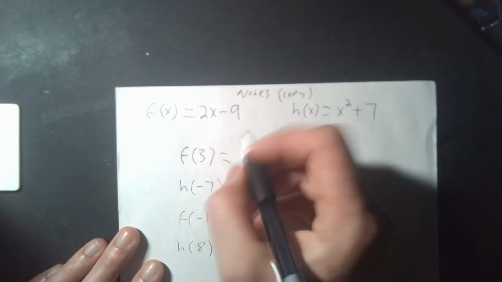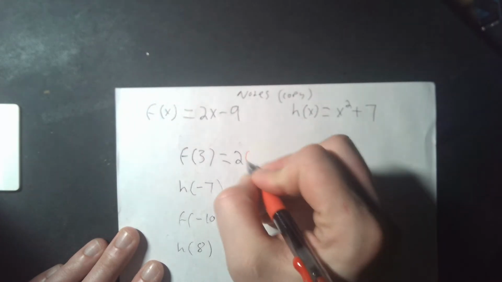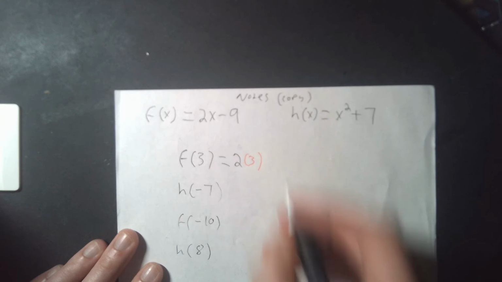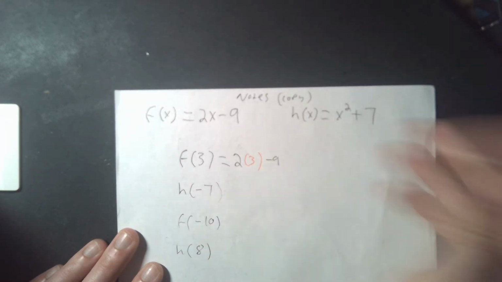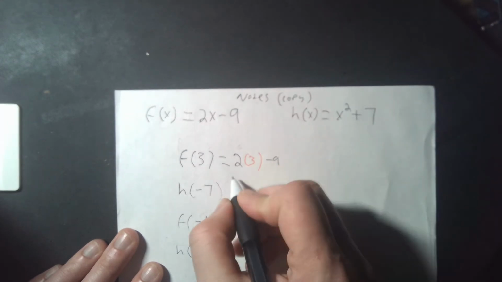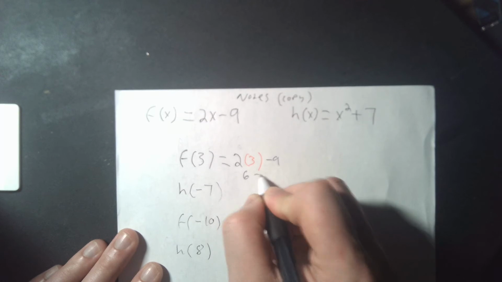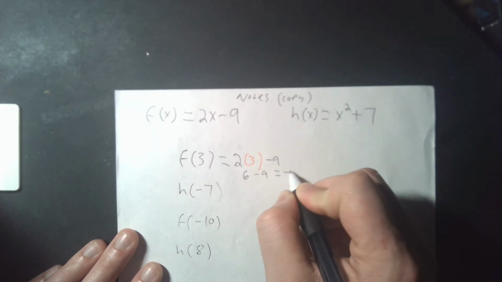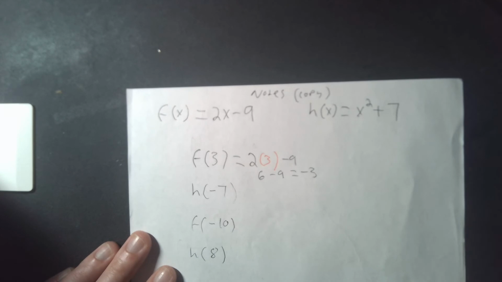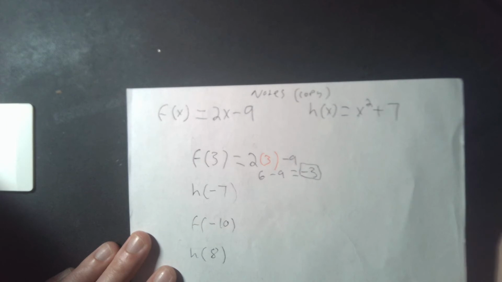So we're going to have 2, and now instead of x, notice this color change, we're going to replace x with 3. Okay, so we have 2 times 3 minus 9. That's going to equal 2 times 3 is 6. 6 minus 9 is negative 3. Oops, that's it. That's your answer. Your answer is negative 3.